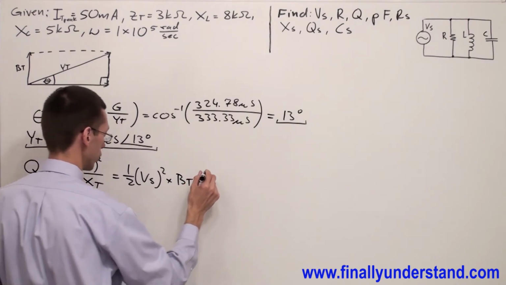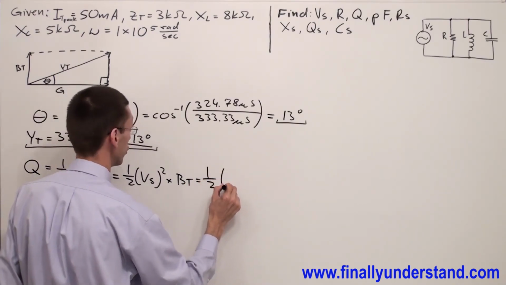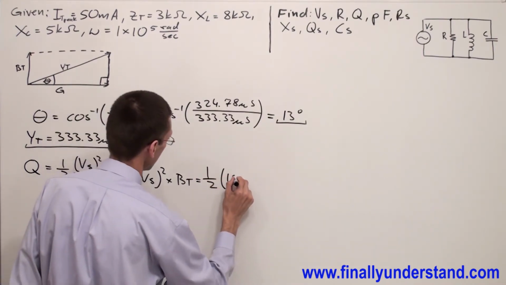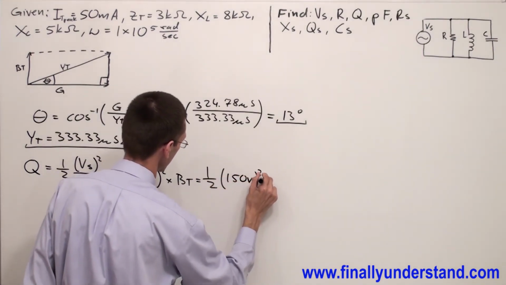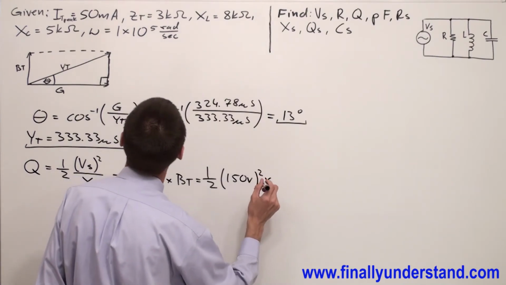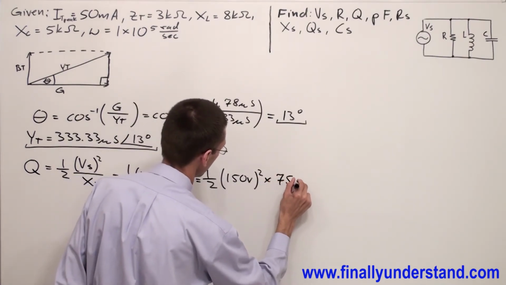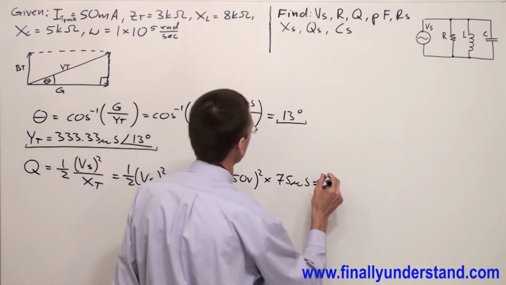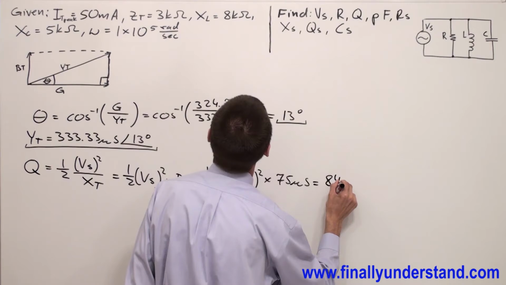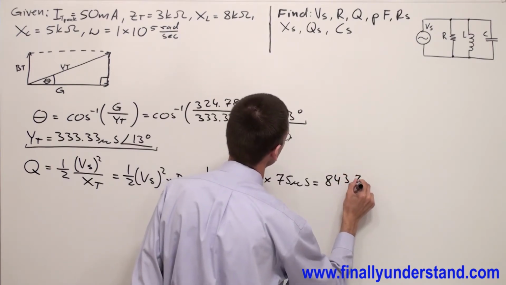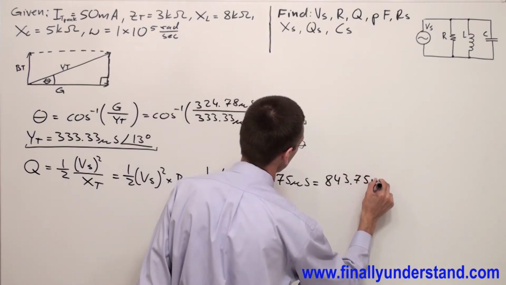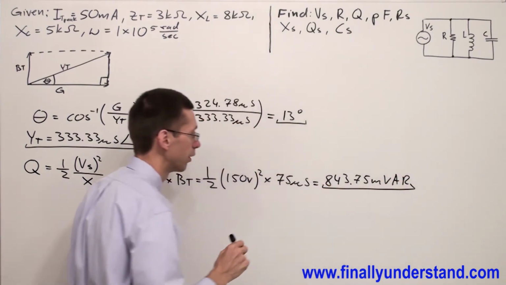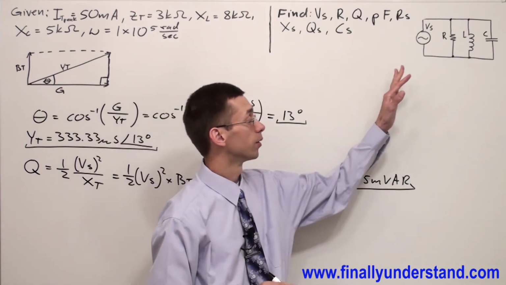So I have 1/2 times 150 volts raised to the second power times B total, 75 microsiemens. Everything is equal to 843.75 millivolt ampere reactive. So this is the reactive power in my parallel circuit.